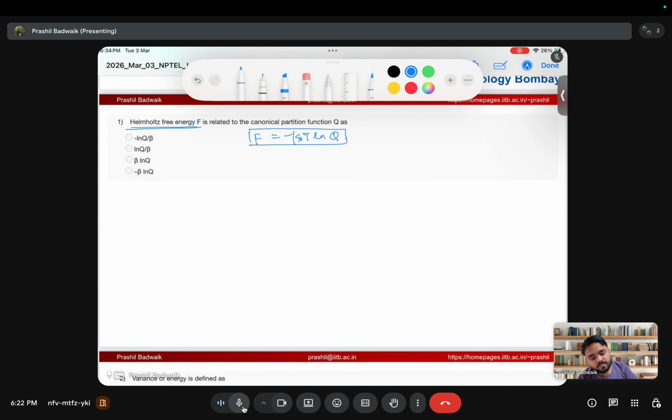And beta is equal to 1 divided by kBT, so it is minus ln Q divided by beta. So answer to this question is minus ln Q by beta is equal to F, that is option number A. So this is the correct answer for the question.